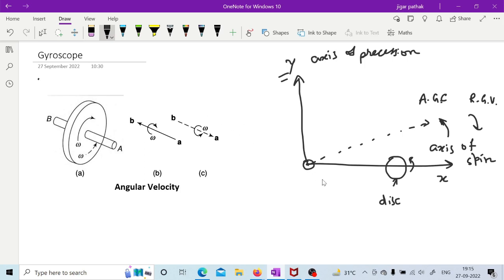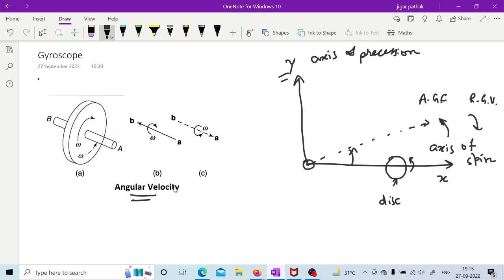Like here, as we discussed, this disk which is spinning about the x axis may have rotation about this axis y also.